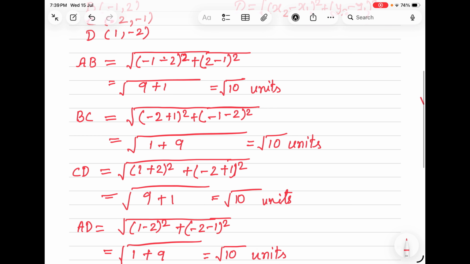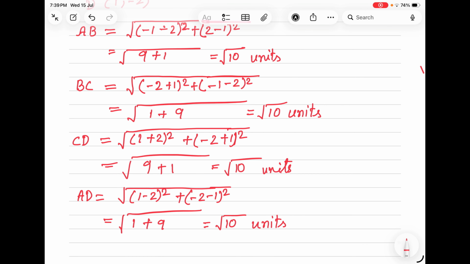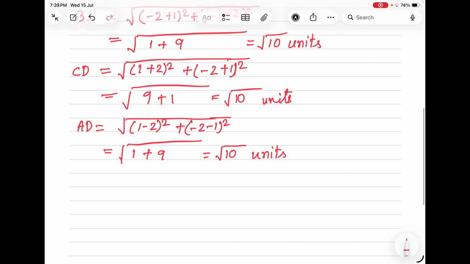Now you observe the values of AB, BC, CD and AD. They are the four sides of the square, if it is a square. So the values of these sides are equal, square root of 10 units. Another thing you have to check is the diagonals of the square.